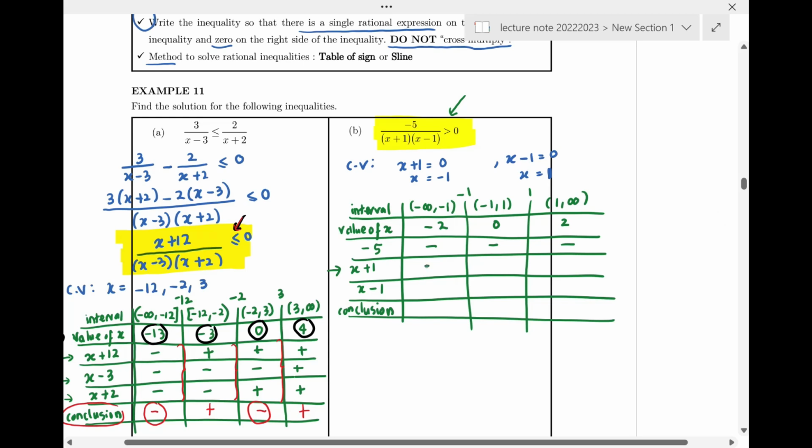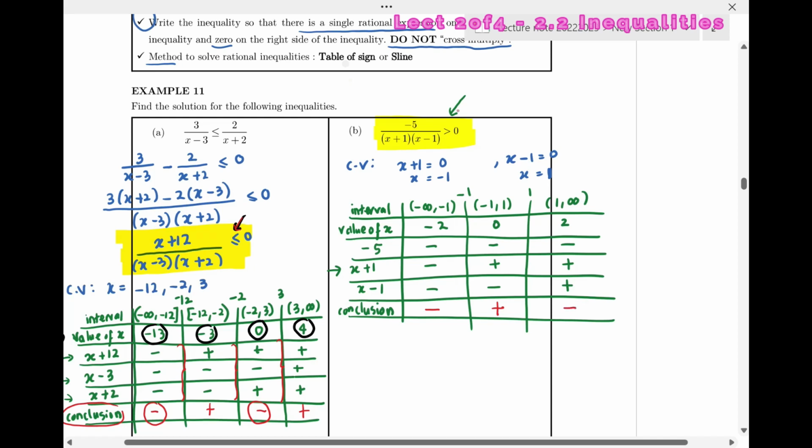Here I get negative, positive, positive. For the last one, I get negative, negative, positive. To conclude, negative, negative, negative is of course negative. Negative, positive, negative is positive. Negative, positive, positive is negative.